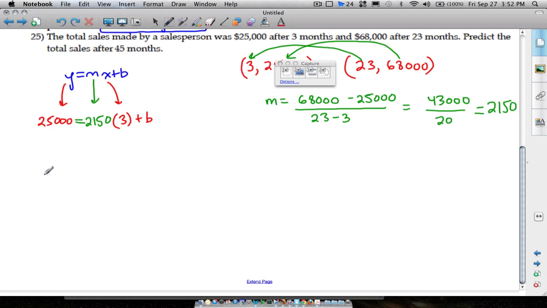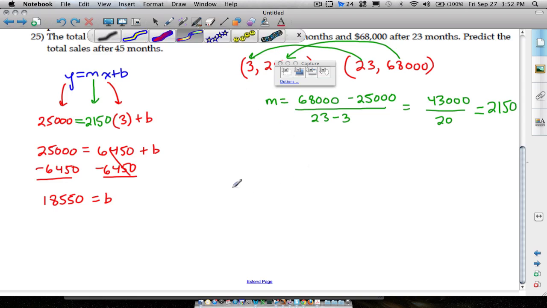So we have 25,000 equals 2150 times 3. We get 6,450 plus b. Let's subtract the 6,450 from both sides. And therefore we get 18,550 is equal to b.